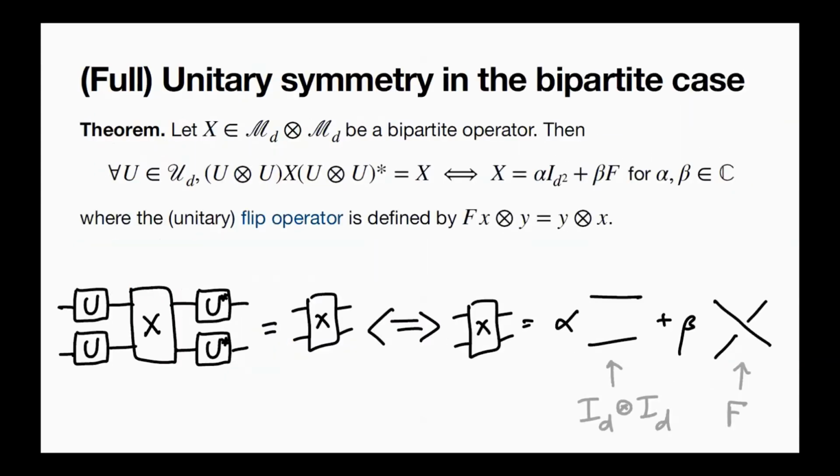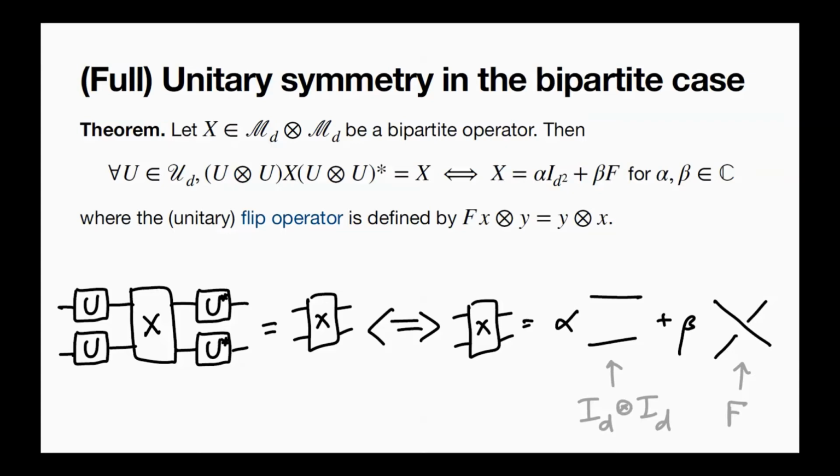So now let's look at symmetric states. What happens when I impose the symmetry condition? This is what I'm doing here. I'm taking a bipartite matrix, this box X, with 2 inputs and 2 outputs. And I'm asking that for all unitary matrices, when I act with U tensor U on the left-hand side and the conjugate tensor product on the right-hand side, this operation leaves my state invariant.